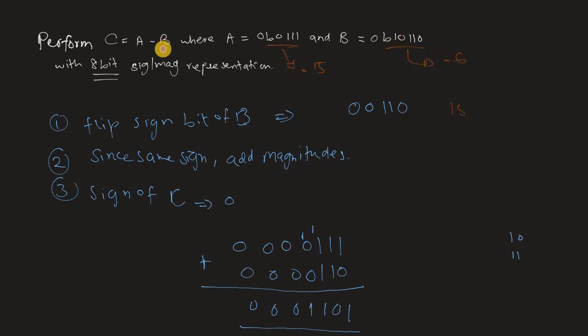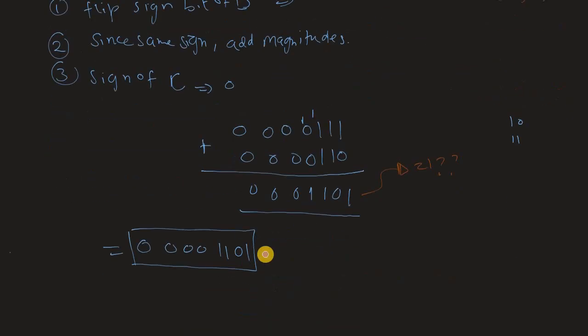So if you go ahead and do 15, and we need to do subtraction, minus 6, right? So what do you get? You get 21, right? So if you go ahead and convert this number into decimal, is this equal to 21 or not? Let me know in the comments below if you guys are able to convert this number. Okay, but yeah, basically the same, because this represents the sign, which means it's a positive 21. So let me know if this number is equal to 21 or not to verify our answer in the comments.